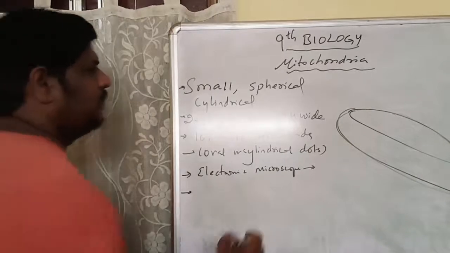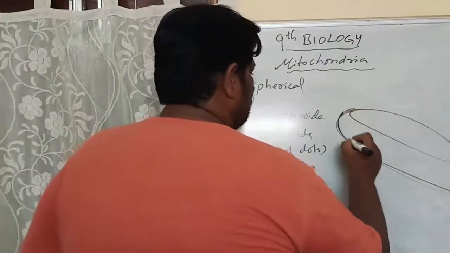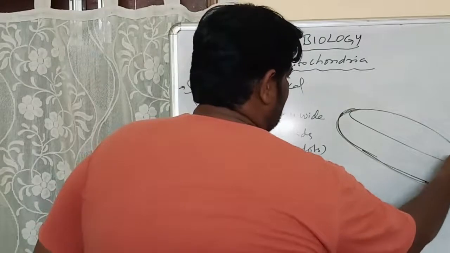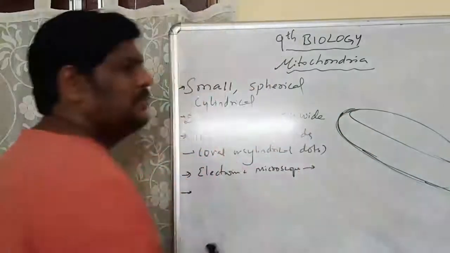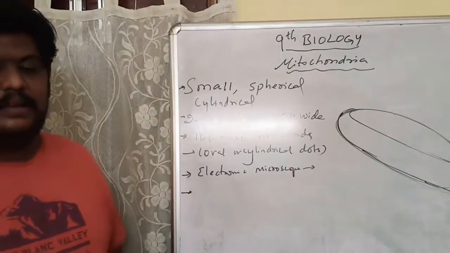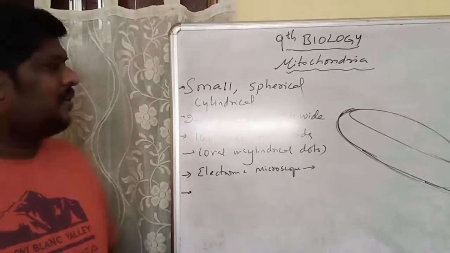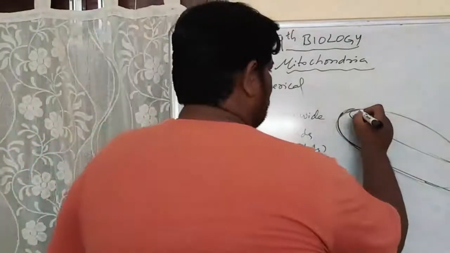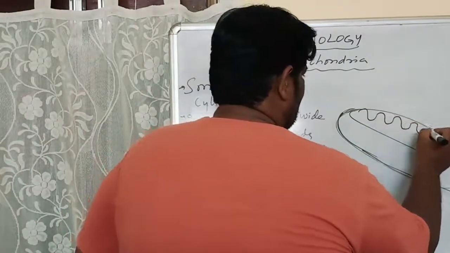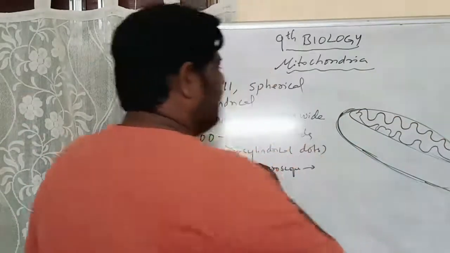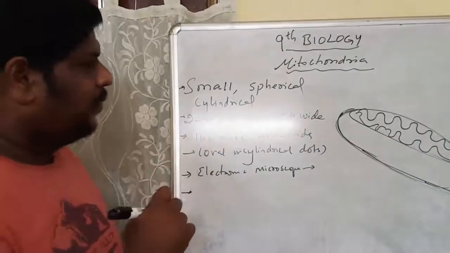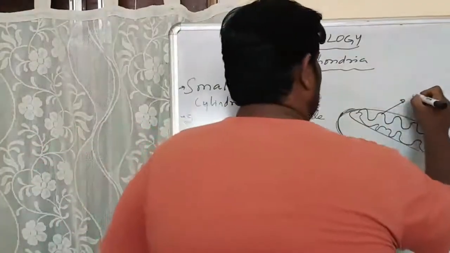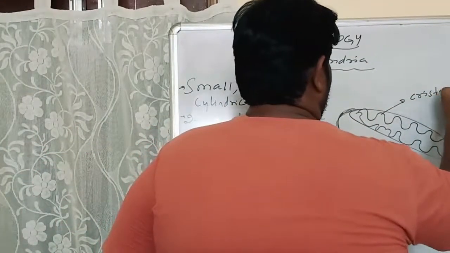The outer part which you are seeing here is the outer membrane, whereas the inner membrane is folded into finger-like projections. This is the inner membrane, a folded structure. These finger-like projections are called the cristae.